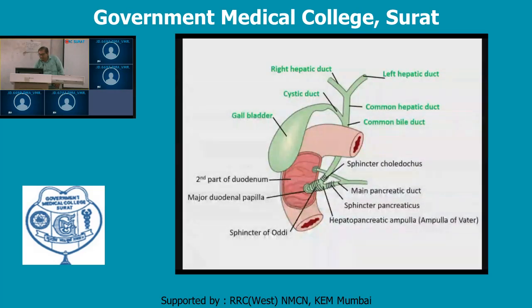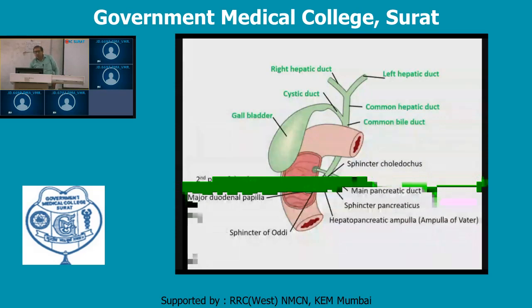And this united part is dilated, that is known as the ampulla of Vater. This dilated part is formed by the union of these two ducts, the CBD as well as the pancreatic duct, and the ampulla of Vater ultimately opens within the second part of the duodenum.